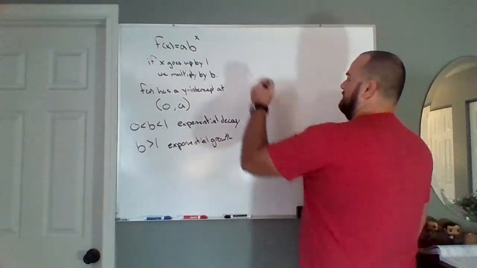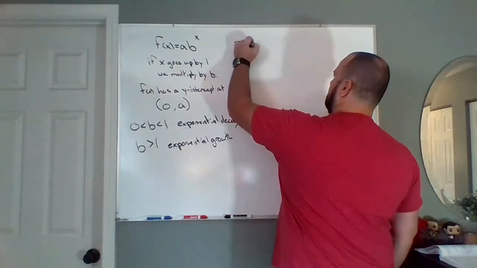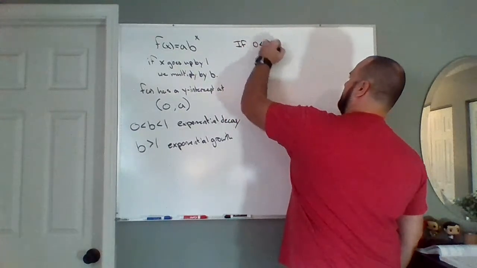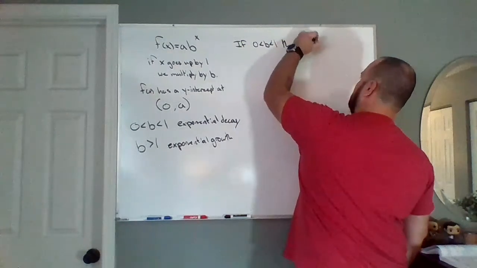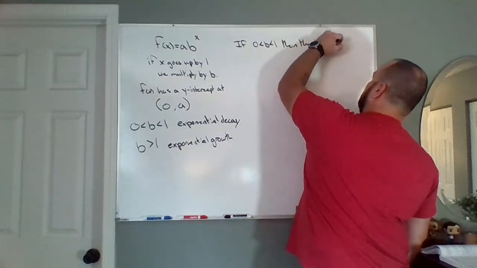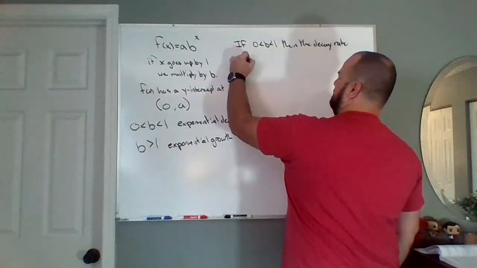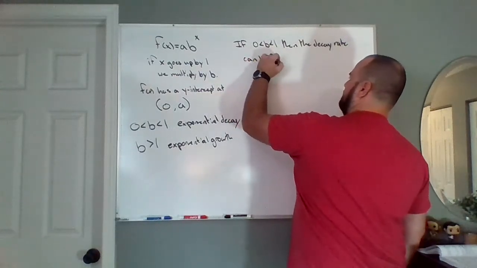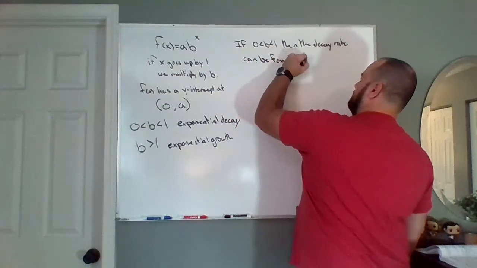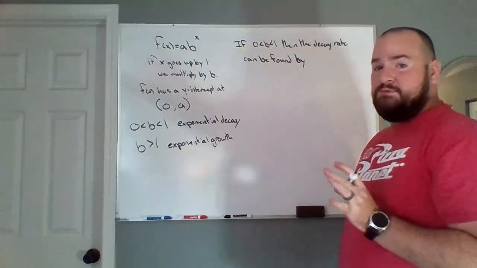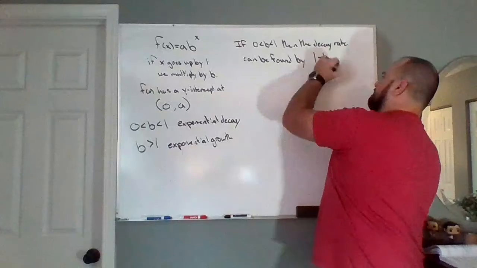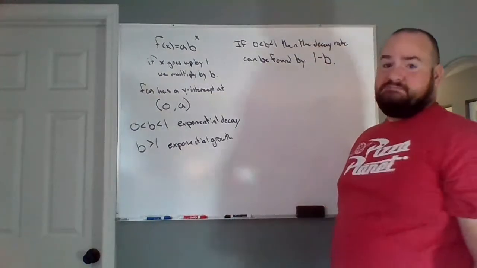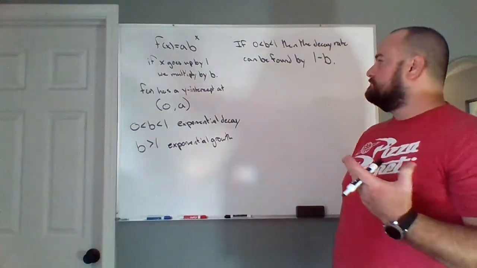Okay? So if 0 is less than b is less than 1, then the decay rate can be found by a very simple equation: 1 minus b. That's it. 1 minus b.